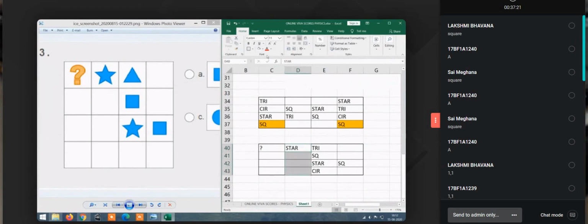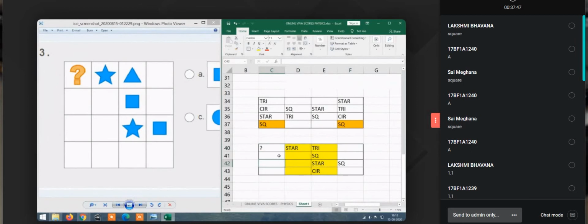So here this whole column you cannot have a star, right? So I mark it in yellow. This whole column also you cannot have a star. Again, this column you cannot have a star. The first column you cannot have a star, right? This should tell you the answer.